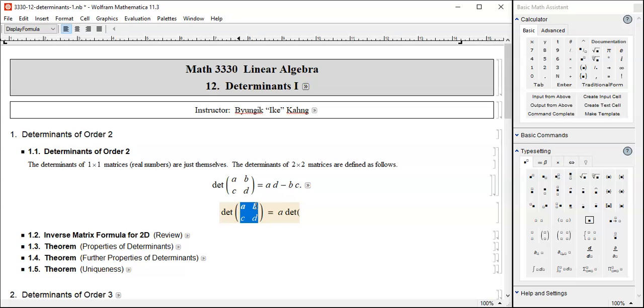So first row, first column out, what do you get? Just D. And then B times the deleted matrix. This entry, first row, second column out, so what's left is C. So what do you have? AD minus BC, and that's exactly the same as before.